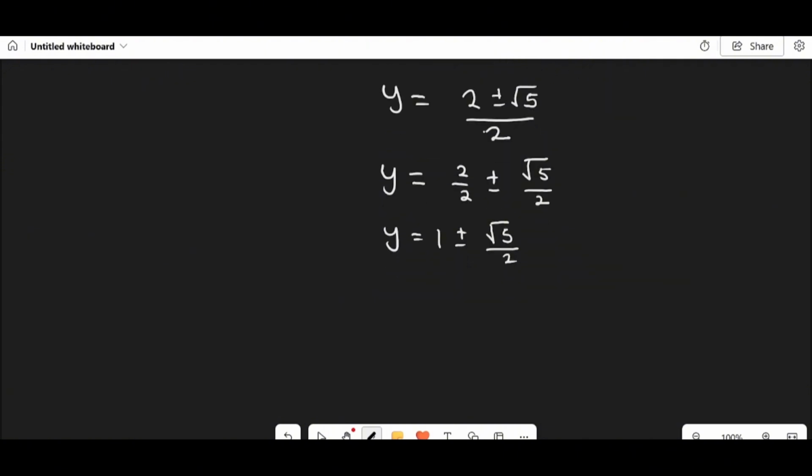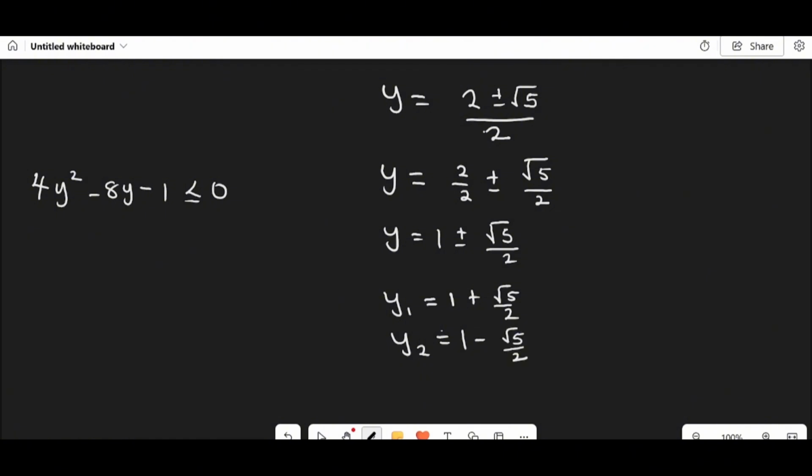Let me rewrite our quadratic inequality, which is 4y squared minus 8y minus 1 less than or equal to 0. y1 equals 1 plus root 5 all over 2 and y2 equals 1 minus root 5 all over 2.